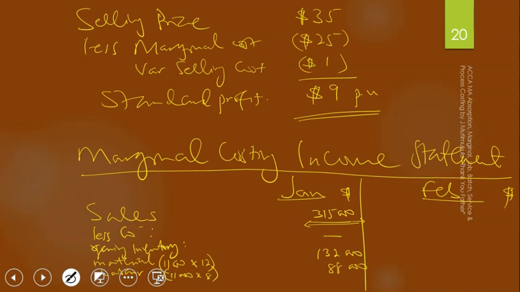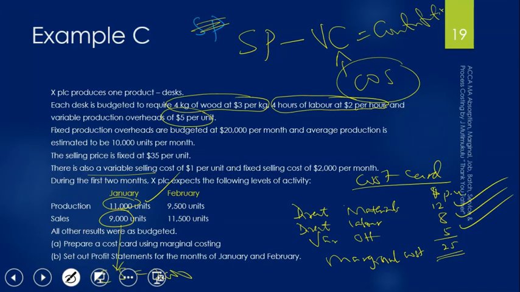Obviously, the cost of inventory should be based on the cost of production per unit, the total cost of production, and they are in marginal costing, ladies and gentlemen. So we go back to our marginal costing cost card. So the marginal cost for a product is $25. So that's the total cost we are going to use. So we are going to say multiply by $25.